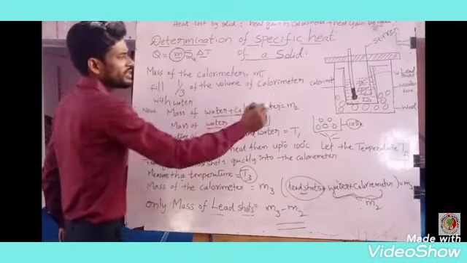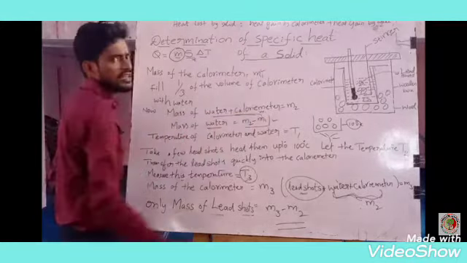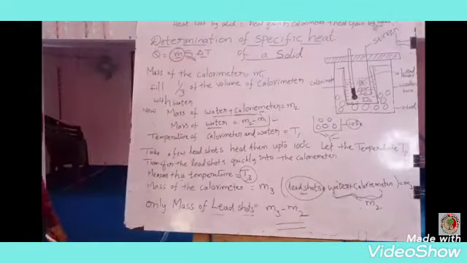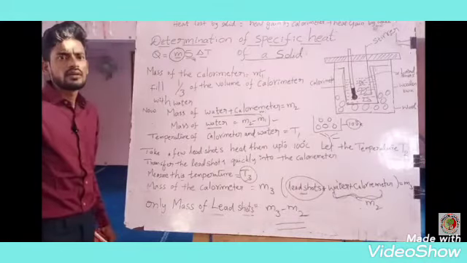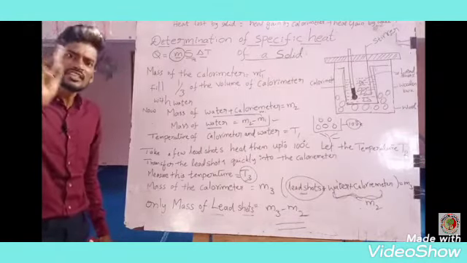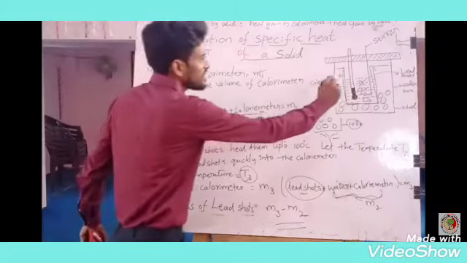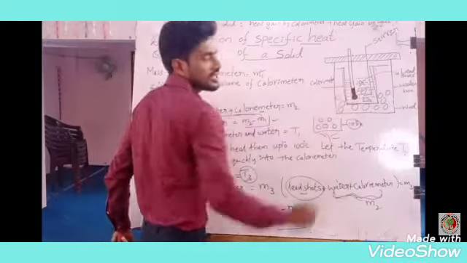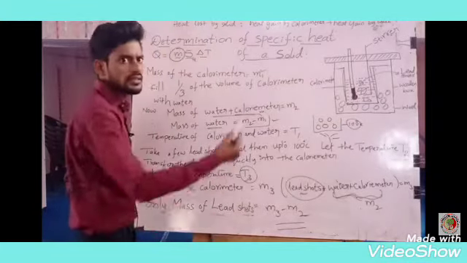Calorimeter itself M1, water itself M2 minus M1, and lead shots M3 minus M2. And temperatures: initial temperature T1, highest temperature T2, and mixture temperature, meaning after transferring the lead shots from the copper vessel into the water in the calorimeter.